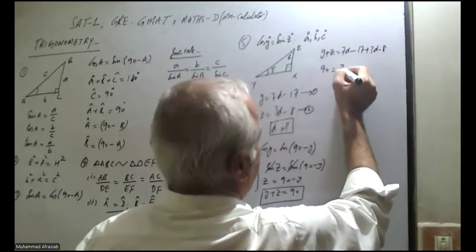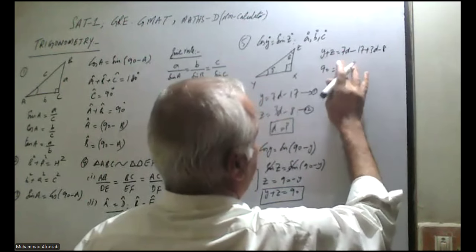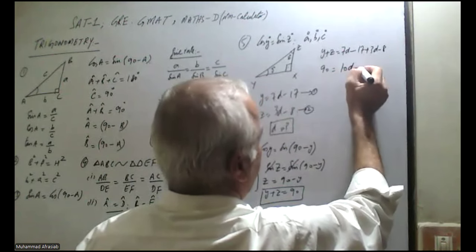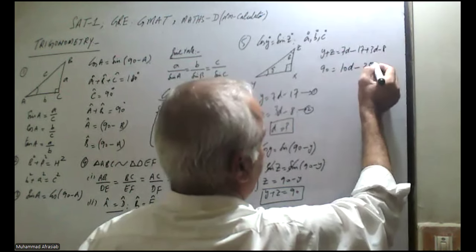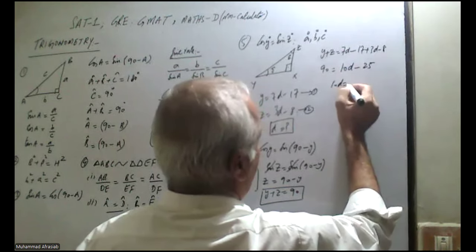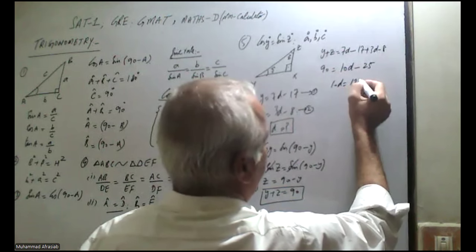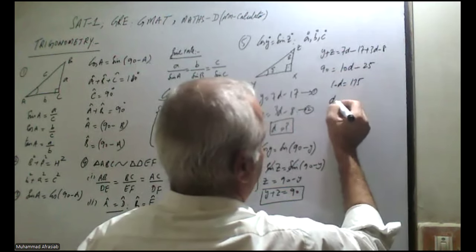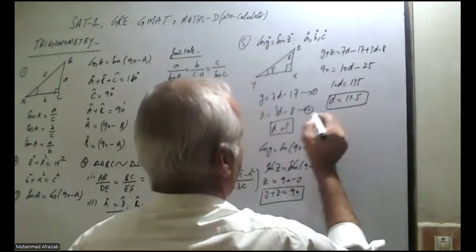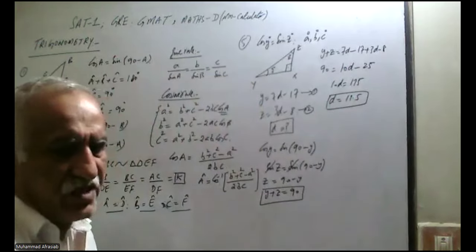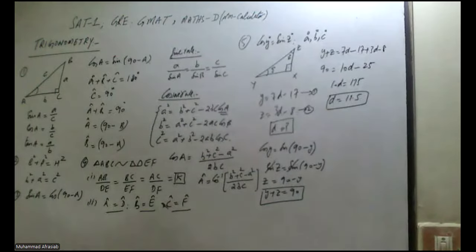So that is 7d plus 3d, that is 10d, minus 17 minus 8, minus 25. So 10d is equal to 115, or d is equal to 11.5. And you are going to find out the value of d for this part. So these are the questions which are taken for this. Now we will solve the rest of the questions in the next part.